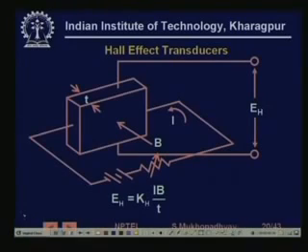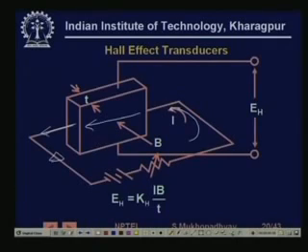What happens in a Hall effect sensor is that this is a piece of semiconductor through which a current I is circulated, flowing, let us say, along one axis.